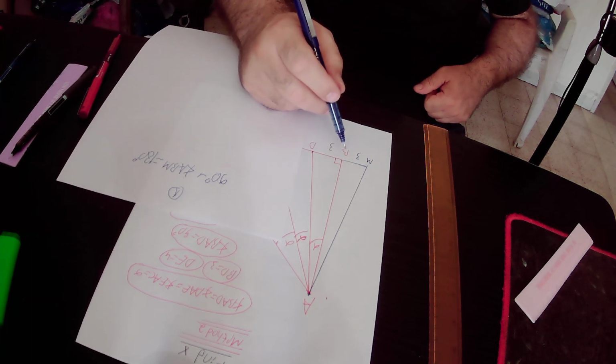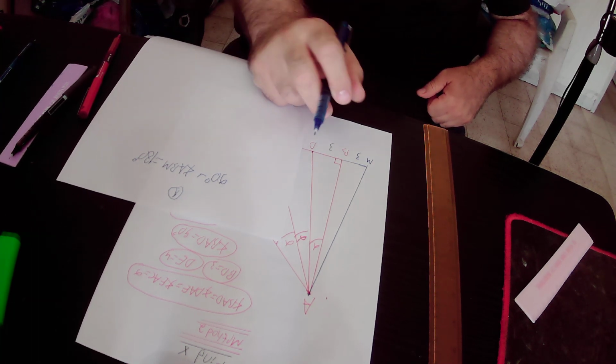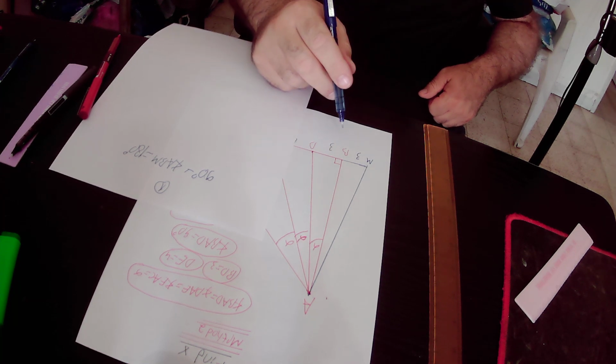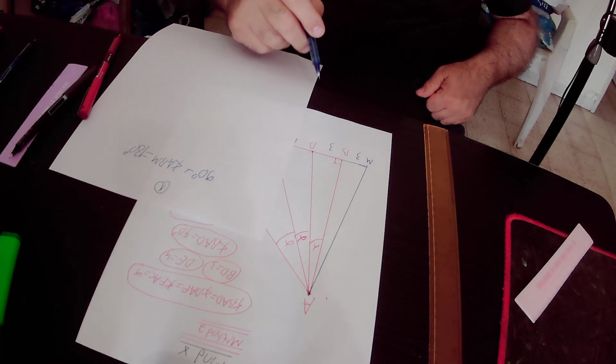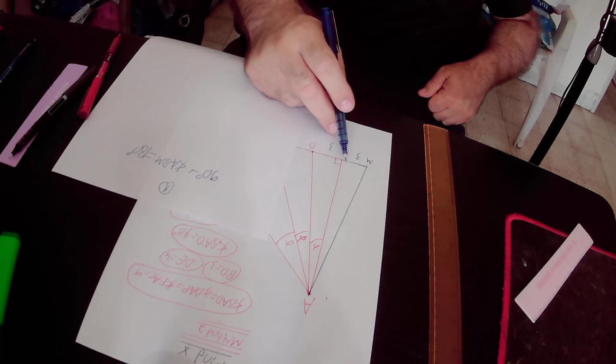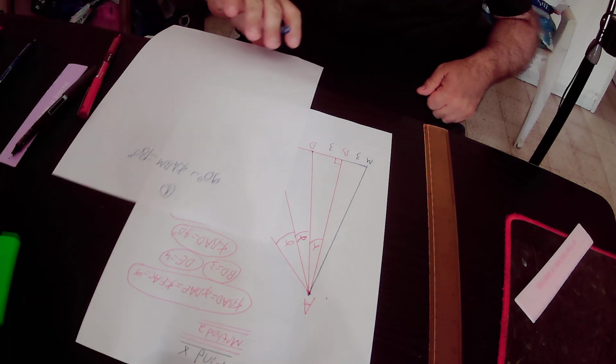So the sum of the angles at point B on the straight line MD must equal 180 degrees. So here 90 degrees plus the size of angle ABM must equal 180 degrees.